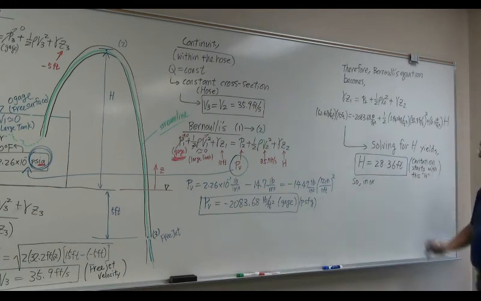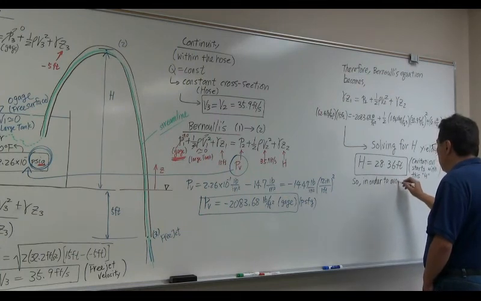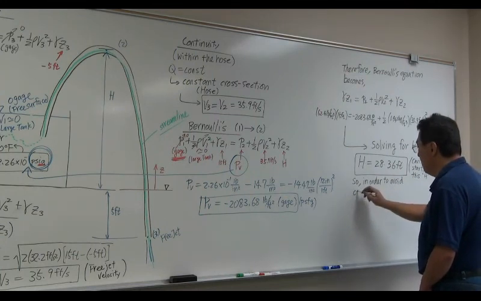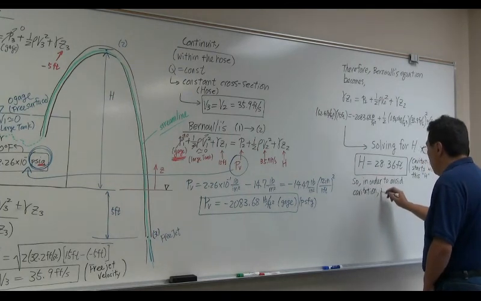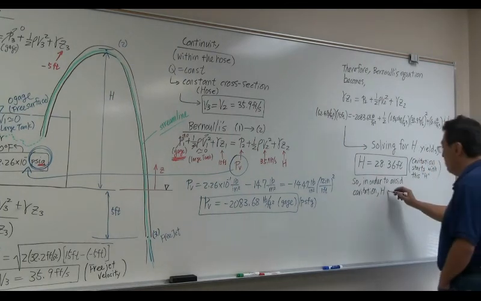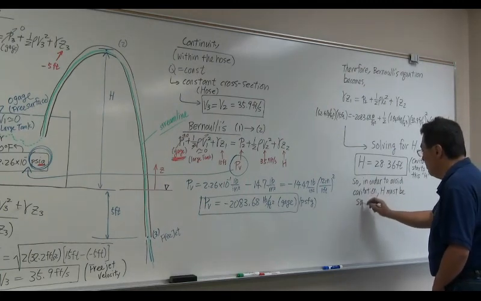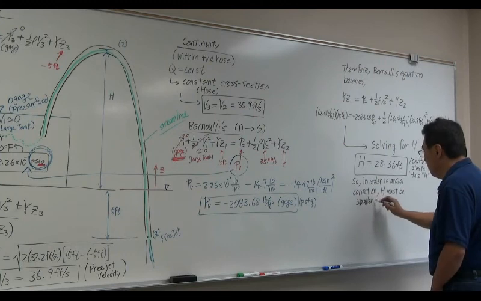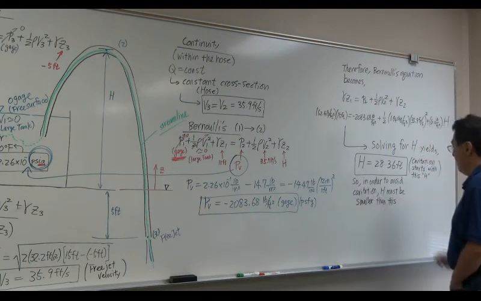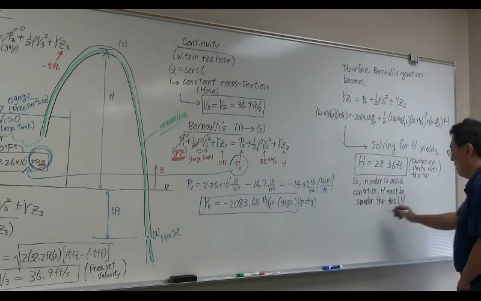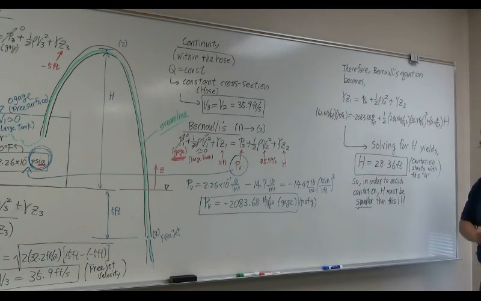So in order to avoid the cavitation, this elevation must be smaller than this value. Okay? So that's your answer.